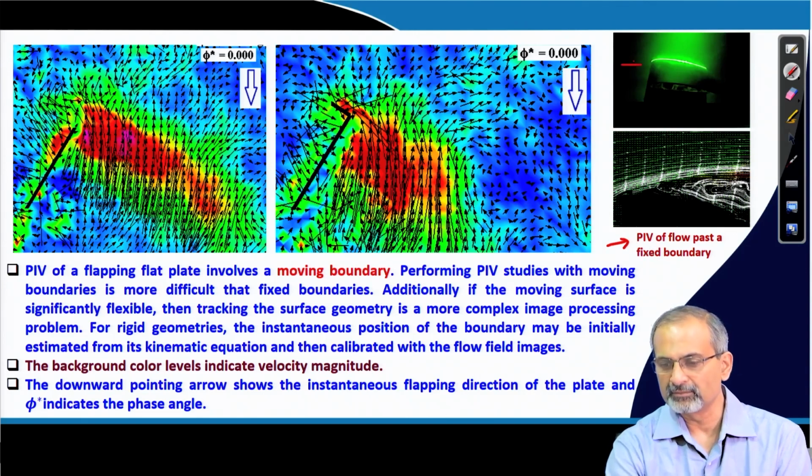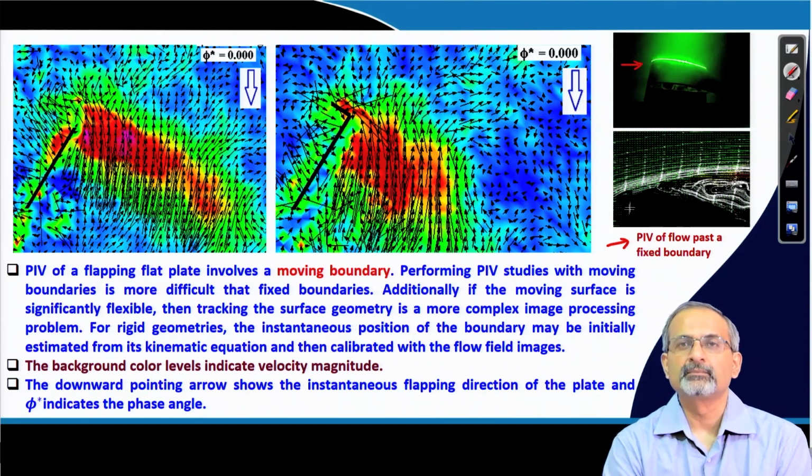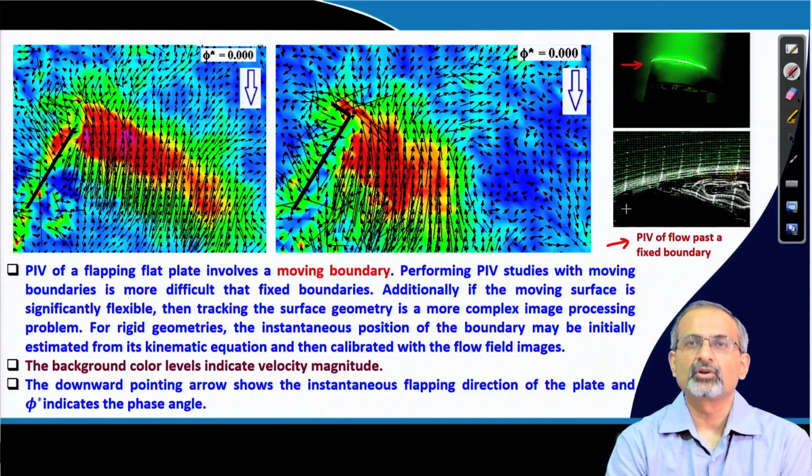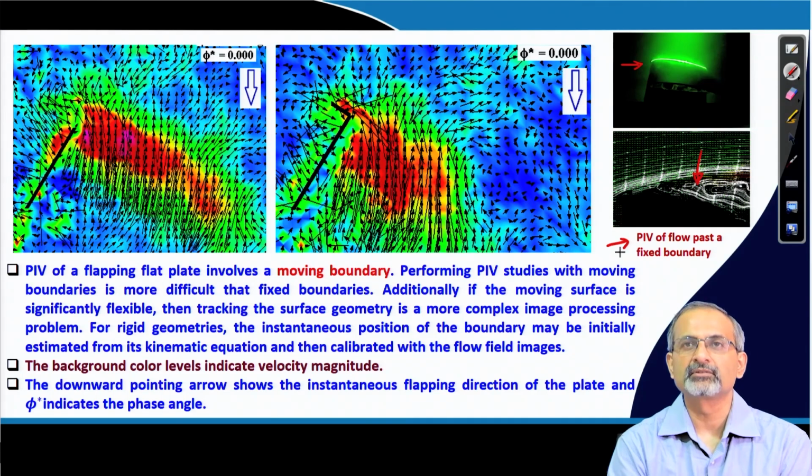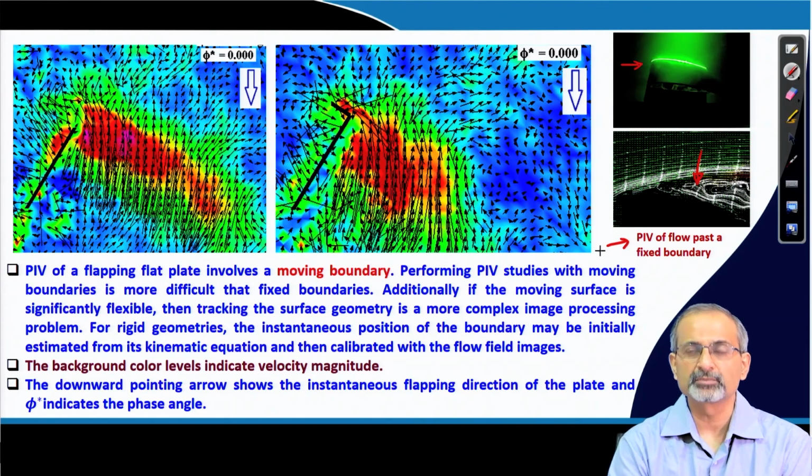You may recall that we showed a picture earlier where we had an airfoil installed in the wind tunnel test section, and that was a fixed boundary. We were not moving the airfoil boundary, and then we were capturing the velocity field in the leeward side of the airfoil where flow separation occurs.